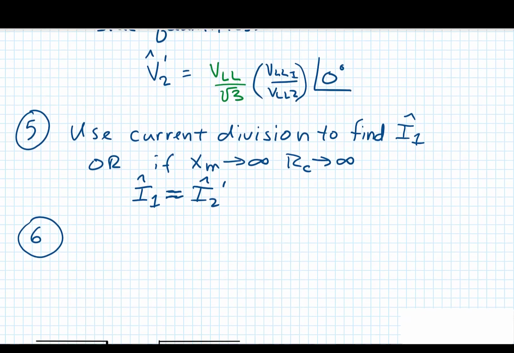And we can calculate the primary line to neutral voltage.